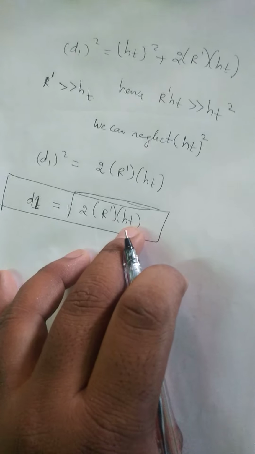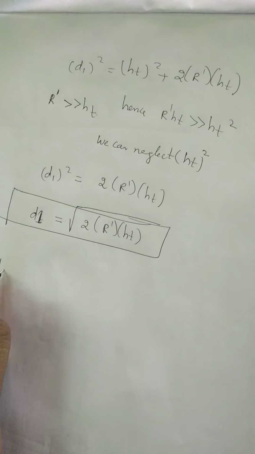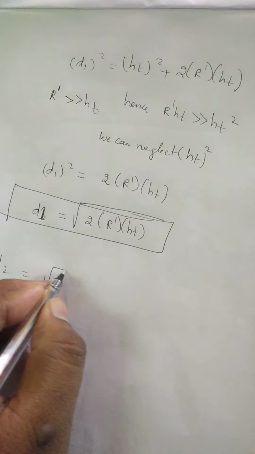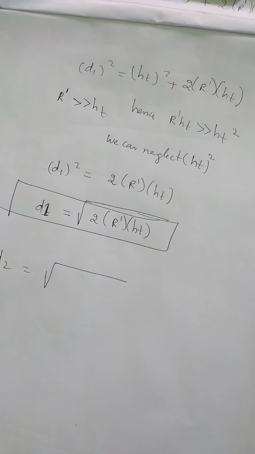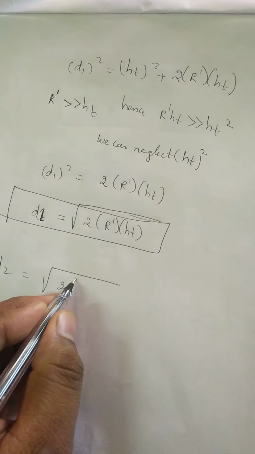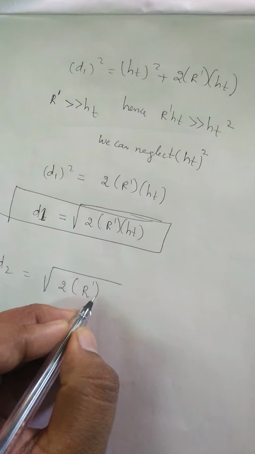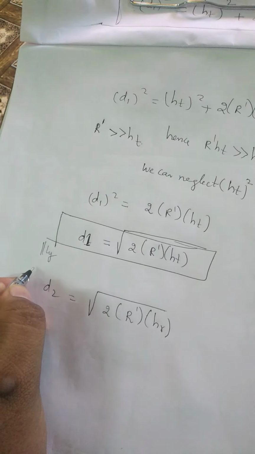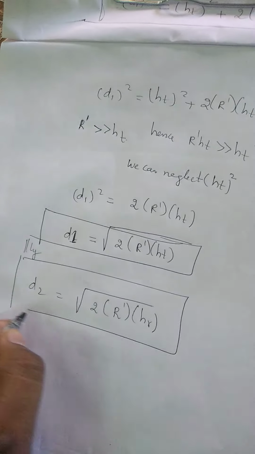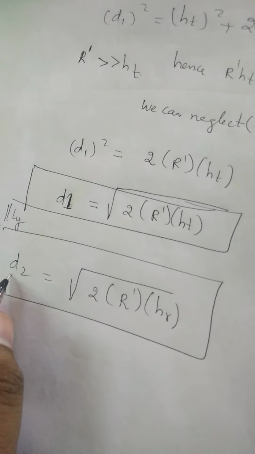Similarly we can find out D2 as well. D2 we can write as the square root of the same thing, by considering the Pythagoras theorem. Instead of the transmitter, we get the receiver HR. Or else you can go for the complete derivation. So we got D1 as well as D2.